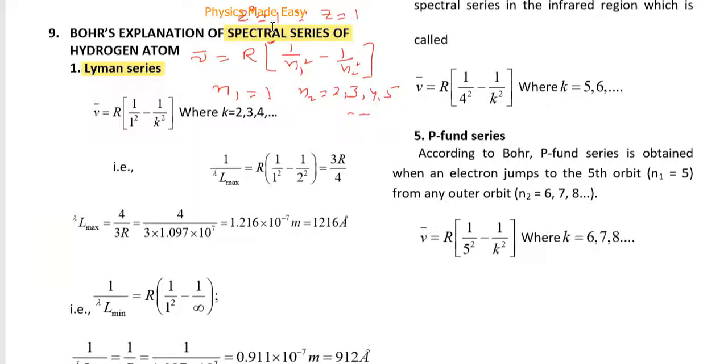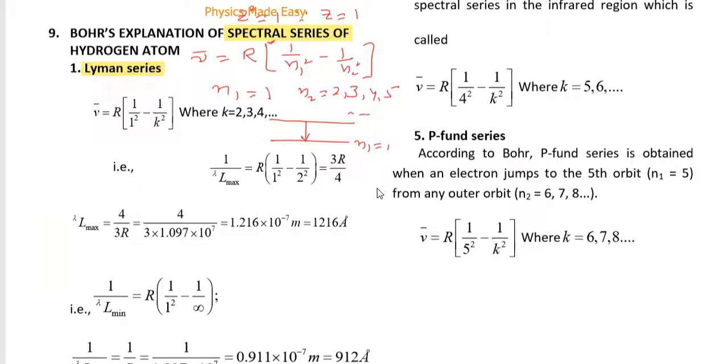Now, we have made many other calculations. I have taken this as N1, N2, and for your convenience, I will again draw a small diagram here. This is the Lyman level, and these are the upper levels, and this is n is equal to 1. N1 is equal to 1.